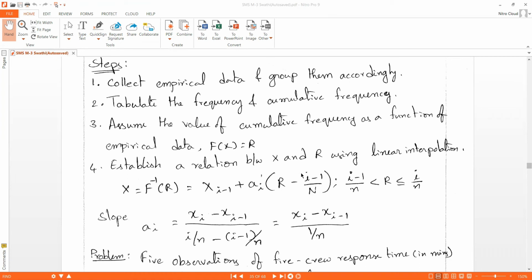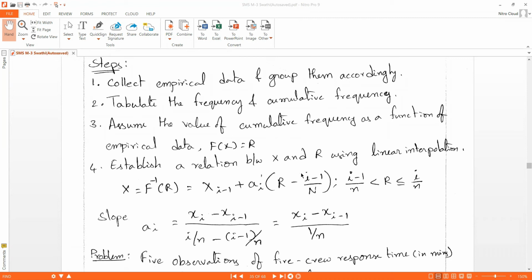In that first step, collect the empirical data and group them accordingly. So first we need to collect the data, whatever input data is given, and group them in some order. We'll group it and tabulate the frequency and cumulative frequency. We'll write in a table, and calculate the frequency and cumulative frequency.